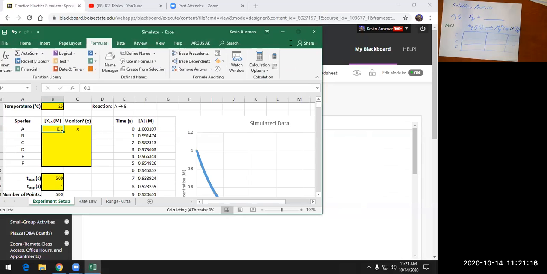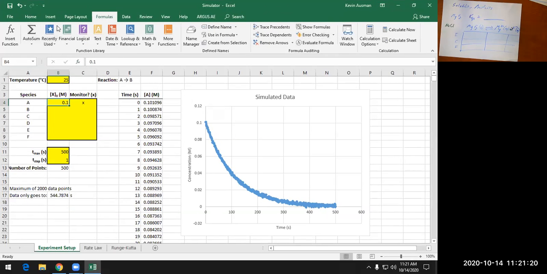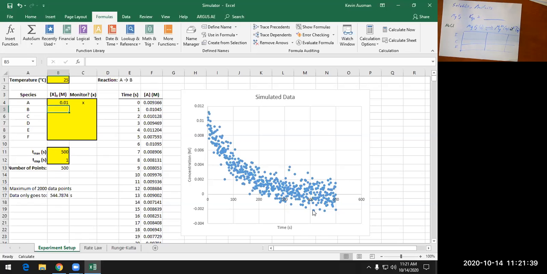It's on manual. I'm going to have to change that. Okay, I've now changed it to automatic updating. If anybody's tried to do this, that's a problem. I will fix it and I will re-upload. So if I set that to 0.1 instead of 1, we see now that there's some noise in the data. If we went to 0.01, we would see that there's a lot of noise in the data.